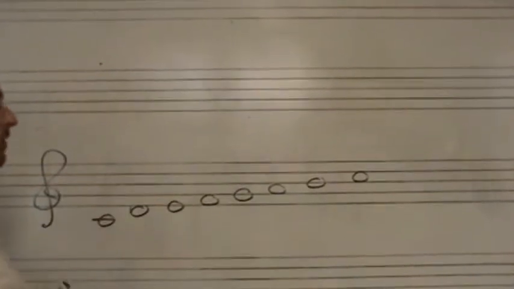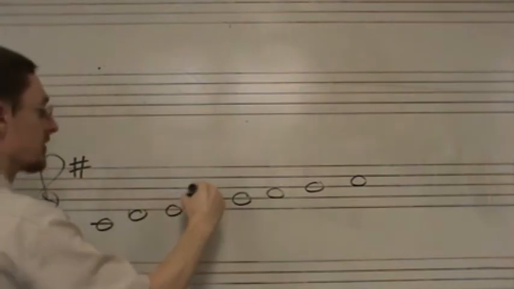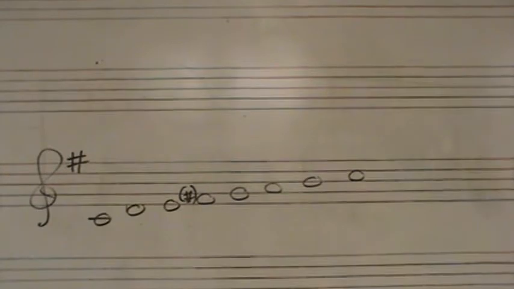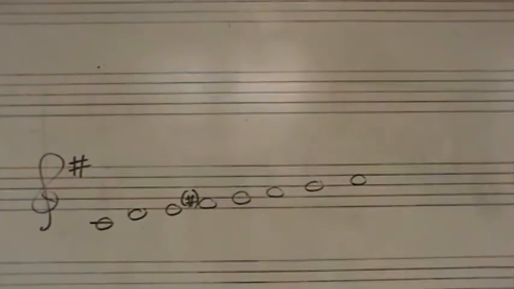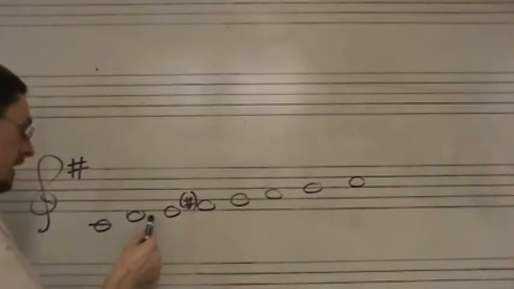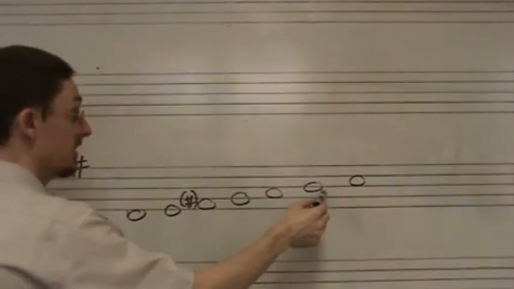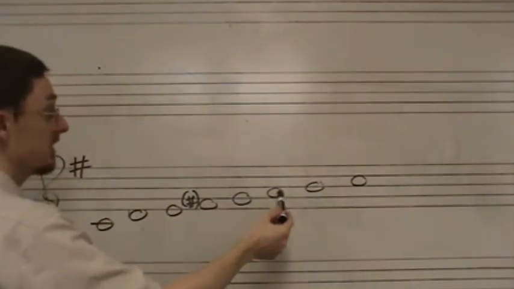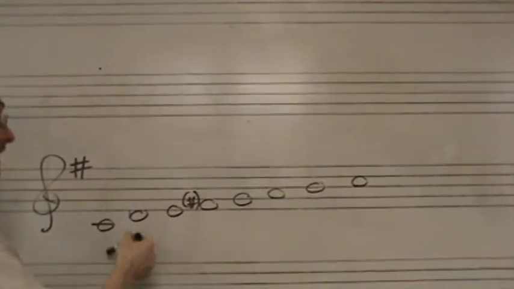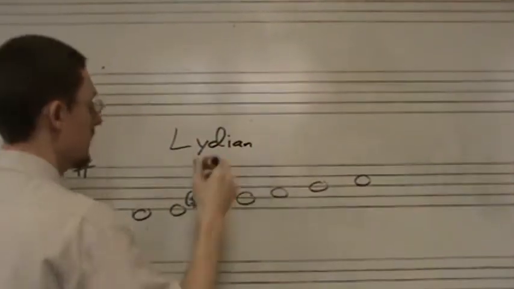Starting with the Ionian, or the major scale, and adding one more raised note, which was the fourth scale degree to Fi. Ready, and do, re, mi, fi, sol, la, ti, do, ti, la, sol, fi, mi, re, do. And super major was Lydian.